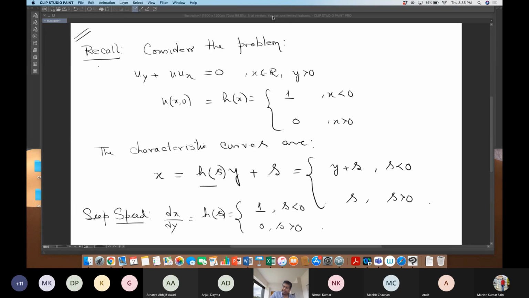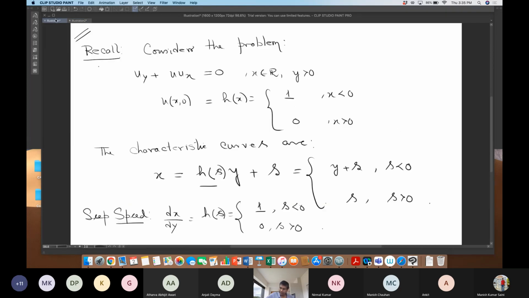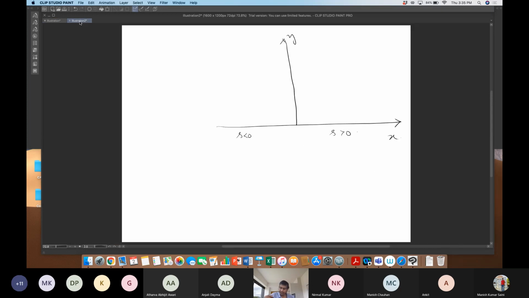So what is the characteristic? This characteristic looks like this. This is x, this is y, this is for s negative, this is s positive. For s negative, the speed is 1, and of course this is the equation of a straight line.